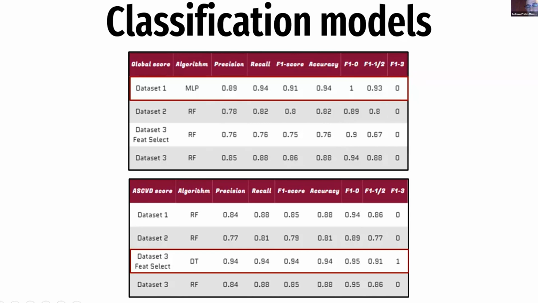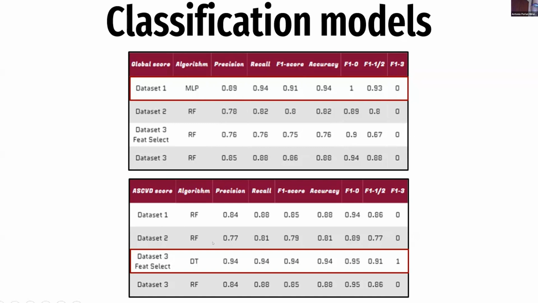Here it is one-half because 2 intermediate risks were merged in order to obtain better results, and F1 of high risk class. And in order to evaluate the metrics, we have to take into account that if the metric is close to 1, it's a good metric, and if it's close to 0, it's a bad metric, and the prediction was carried out in a bad way.